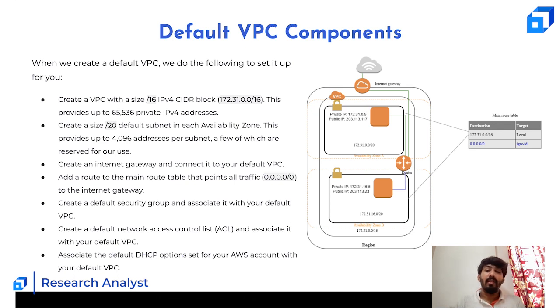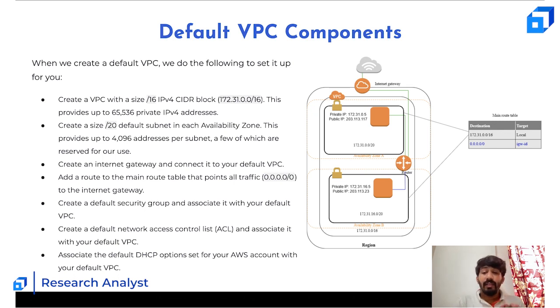You can do that with a network access control list. Or if you only want to allow access to a certain number of IP addresses, let's say it's an internal application and you only want to allow the IP addresses of the company's network to be able to access your application, in that case you can use a network access control list even for that.